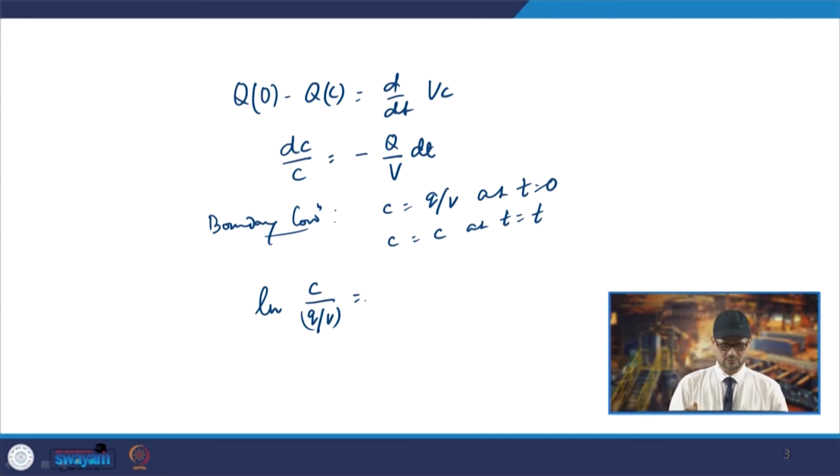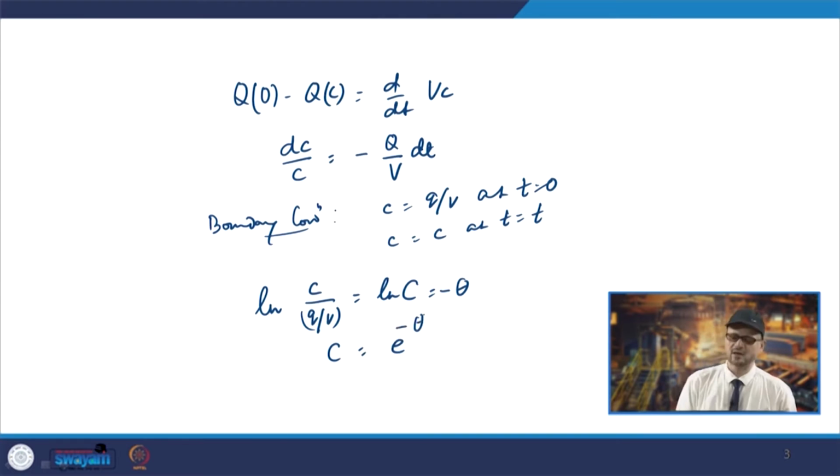So, this is log C, which equals minus theta. If you look at the C value, it will be e raised to the power minus theta. That way you get this RTD curve for the well mixed flow.